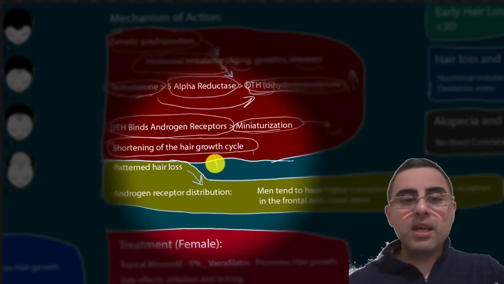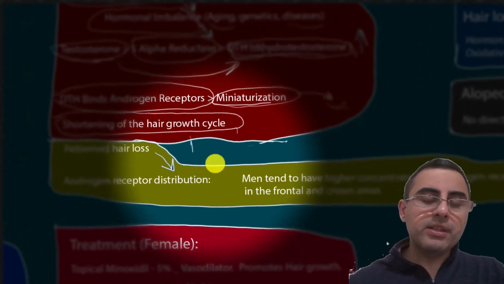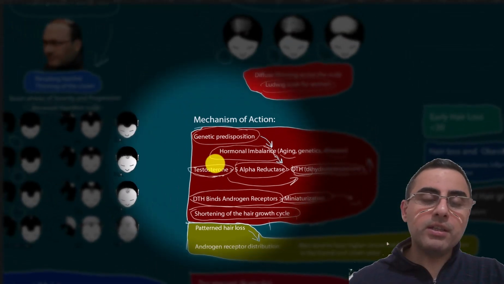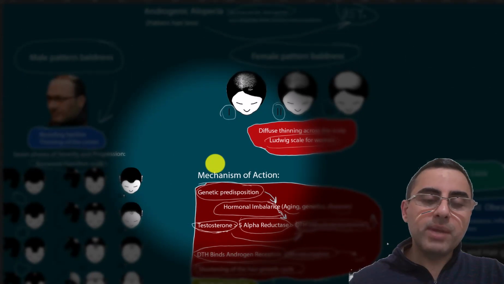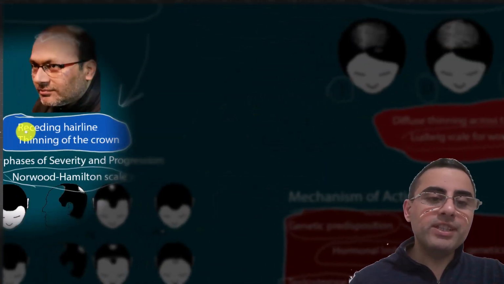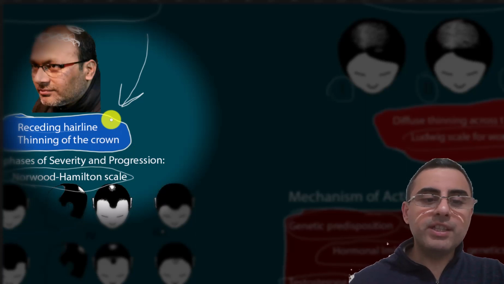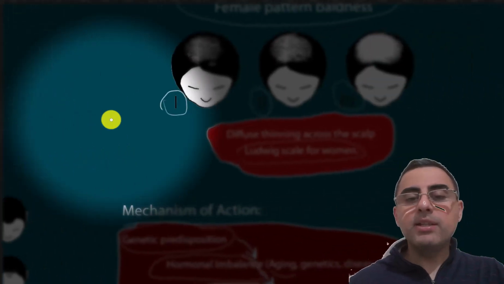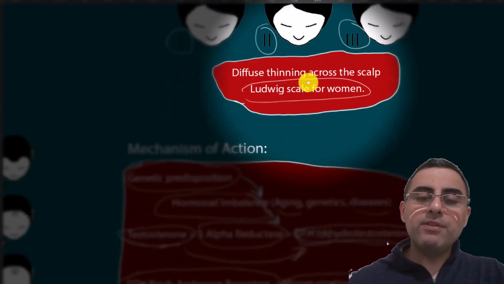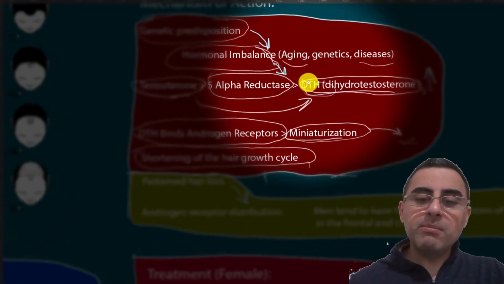And here is the question of why there are different patterns in case of male and female. In case of male, there is receding hairline, thinning of the crown, while in female we have diffuse thinning. What's the mechanism?